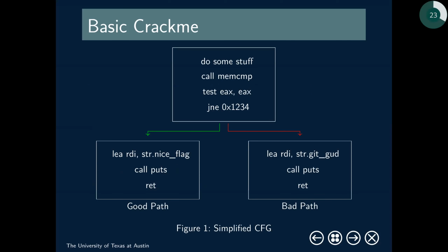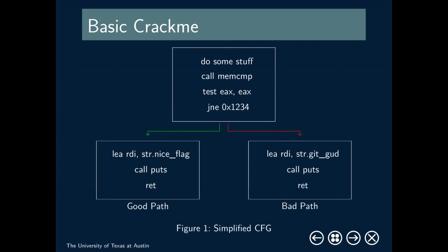So if we simplify the CFG as much as possible, it's going to look something like this, where we do a bunch of garbage to read in user input, do a bunch of garbage to encode the flag. Then we're going to call mimCompare to compare the user provided flag with the actual encoded flag.